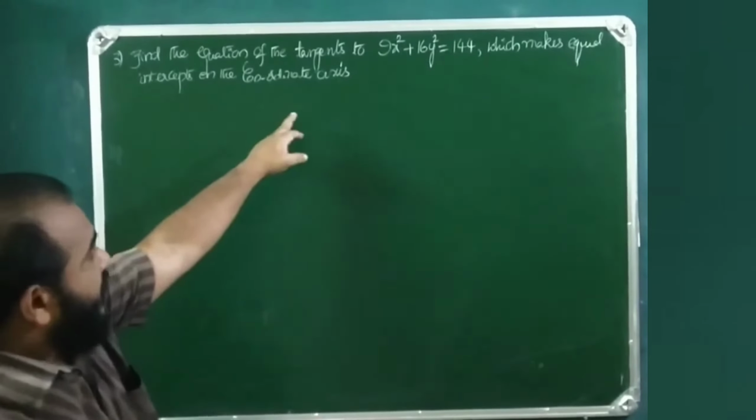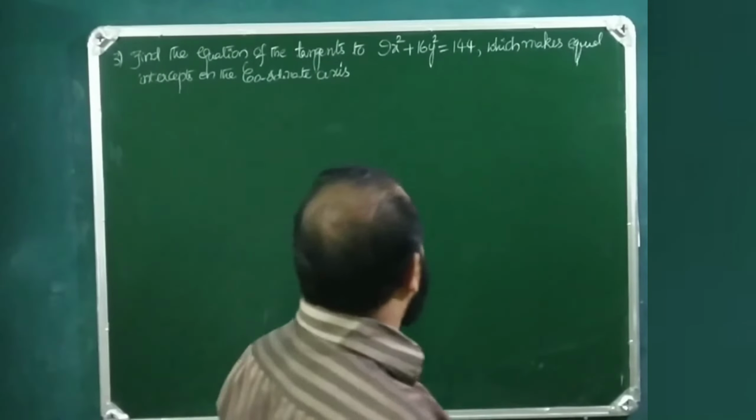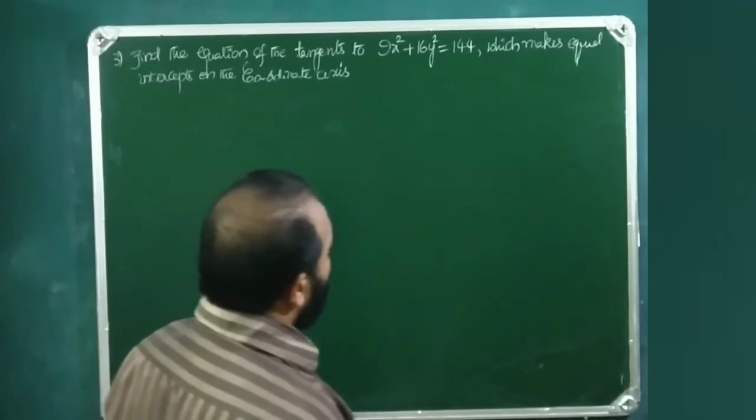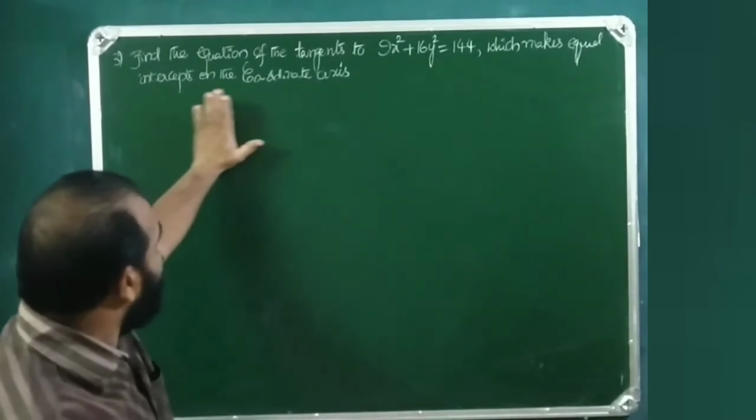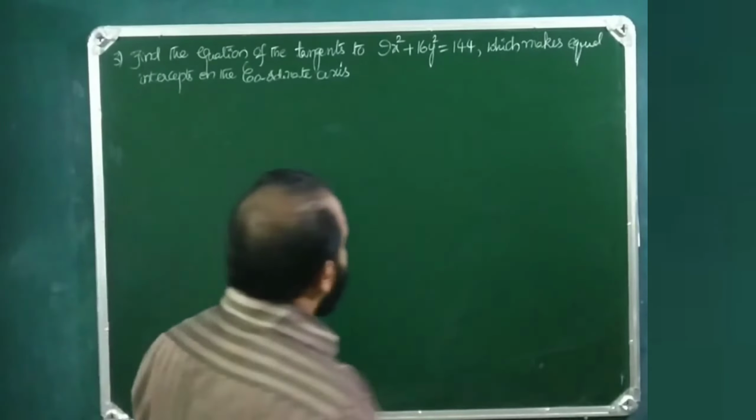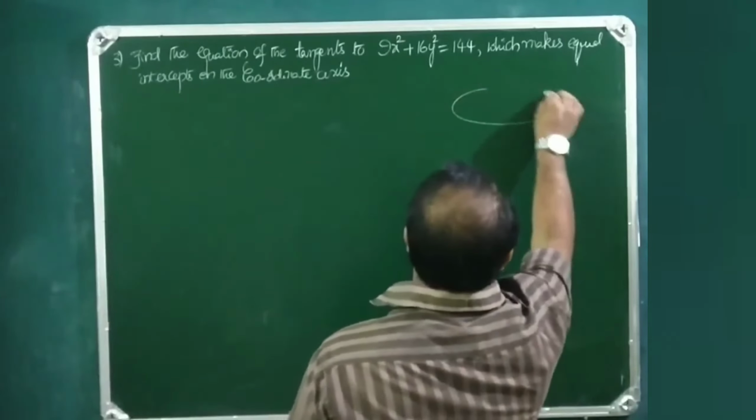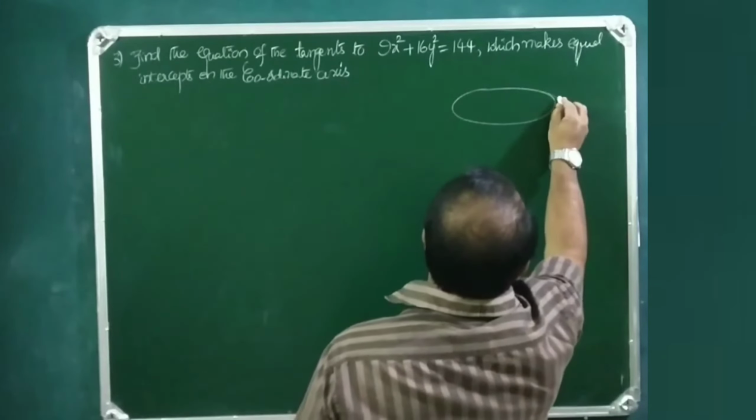Find the equation of the tangents to 9x square plus 16y square equals 144, which makes equal intercepts on the coordinate axes. So that means this is the ellipse.